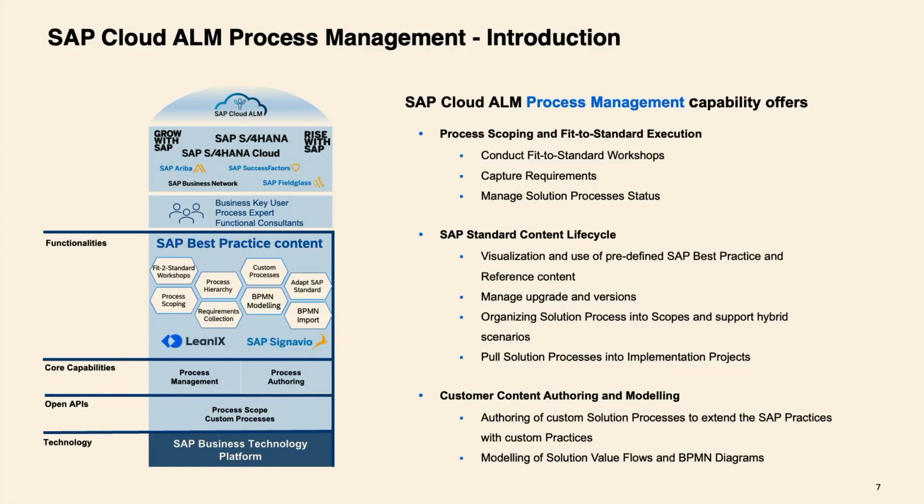So everything around S/4HANA public cloud, private cloud, on-prem, SuccessFactors, and ISBN, Intelligent Spend and Business Network, with products like SAP Ariba, SAP Business Network, SAP Fieldglass, and integrated business planning, the IBP. For all of those products, you find standard process content from SAP directly in our tool.